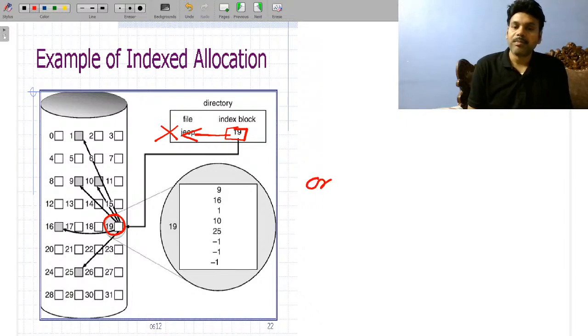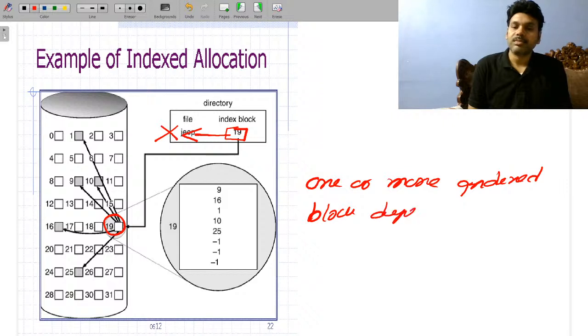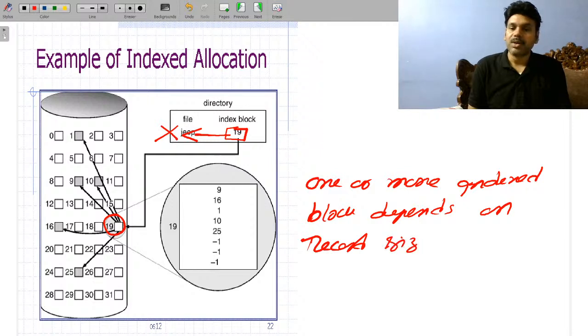So it may be one or it may be more indexed blocks, depending on entry size, depending on record size.